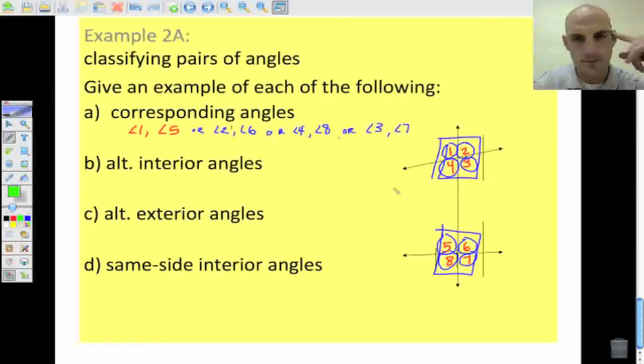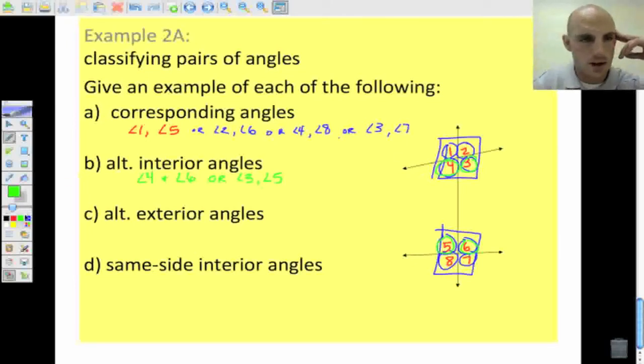I'll circle these in green. I could say 4 and 6 because they are inside and they're on opposite sides. Okay? Or I could say angle 3 and angle 5 because they're also on the inside and they're on opposite sides of the transversal.